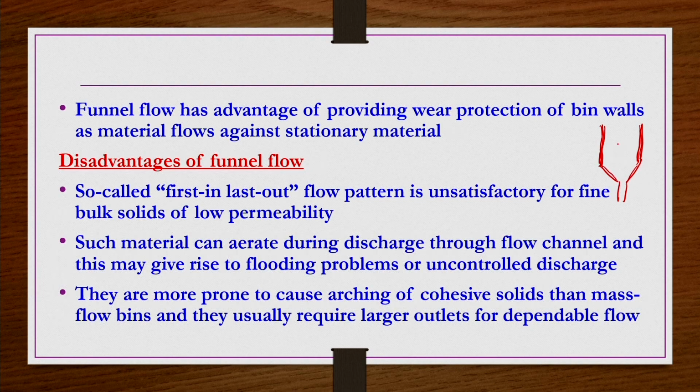In addition, if you take a cohesive material, it is possible that bridging or arching may form, where the solids below the arching layer pass out, whereas the material above is held by these bridges of cohesive material, and those bridges do not allow the solids to pass through. That is another problem of funnel flow, especially if you take cohesive material in funnel flow bins.